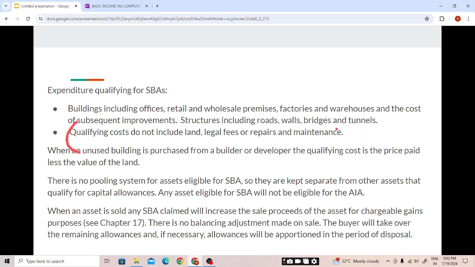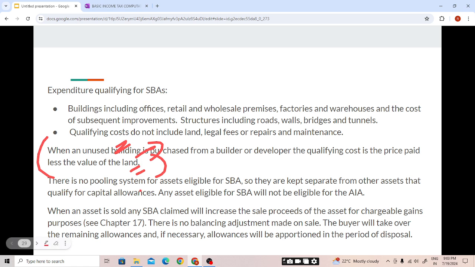When an unused building is purchased from a builder or developer, the qualifying cost is the price paid less the value of the land. So the amount qualifying for structures and buildings allowance will be the amount we paid less the value of the land, because on land the allowance will not be available.